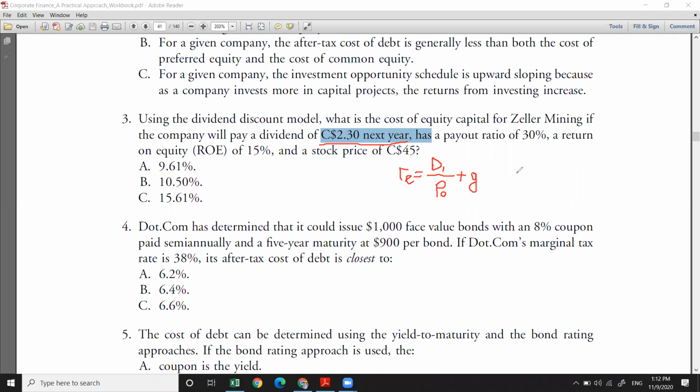And the growth rate is equal to 1 minus payout ratio, okay? I will name it as PR, payout ratio.